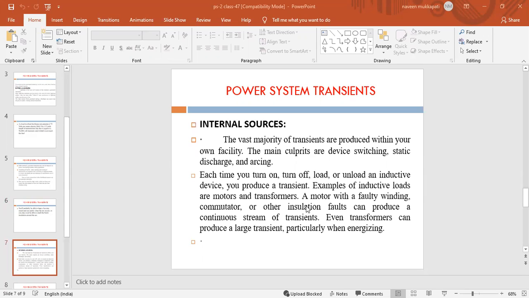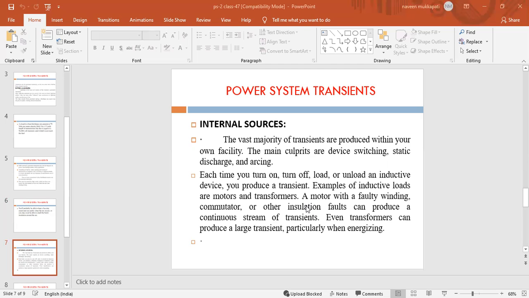Internal sources are developed in transmission systems due to resonance, insulation failures, and arcing switching operations. Due to these internal causes, some transients are developed.